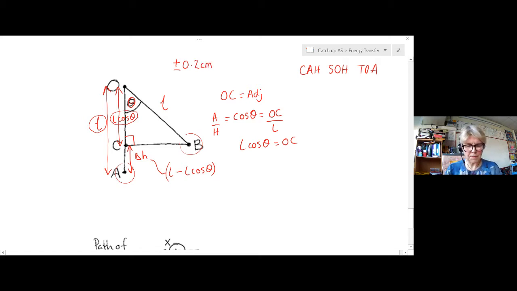Why do I say that? Because it's difficult to locate the centre of the ball. So I'm not going to go to the smallest resolution of my ruler. So the length can be written, say, plus or minus 0.2. And if I want to find out the percentage uncertainty, then I would have to do the 0.2 divided by whatever your length is and times by 100%.